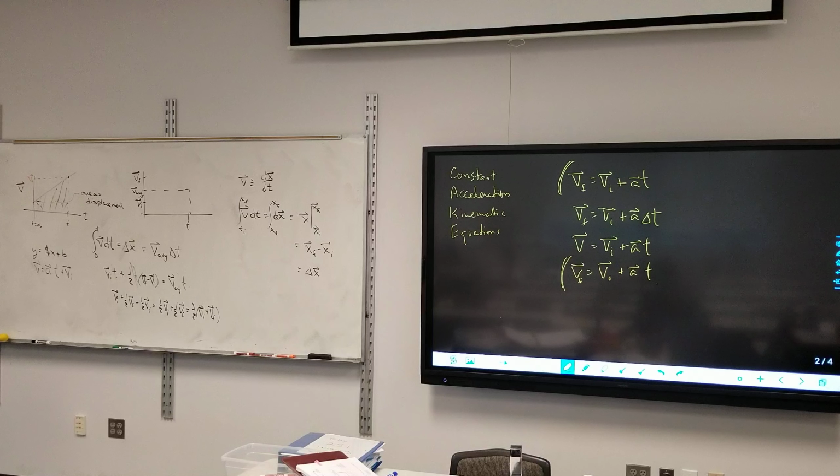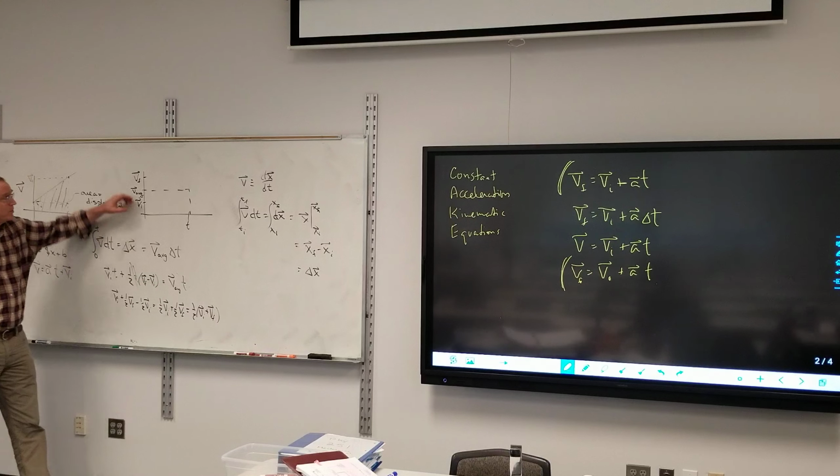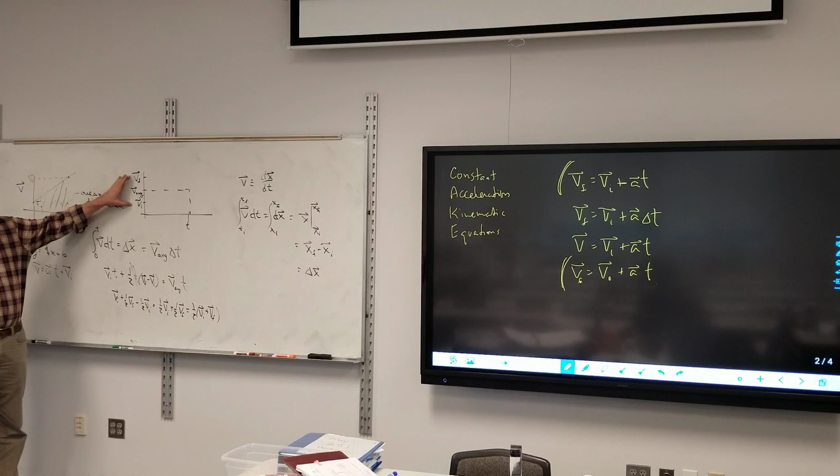Anyway, I have two numbers that I add together and then I multiply times 1/2. Average. Yeah. So we have that the average velocity is just basically the average of my first and last values.